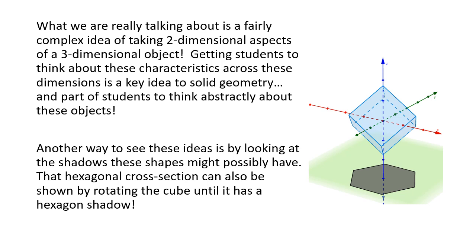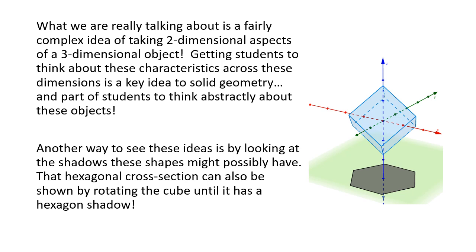So another way to do this would be using a projection, taking a shadow of a cube. So really, to do this, all you need is a light source, and then you need a cube, obviously, and then a flat surface to project that shadow on. And if you rotate that cube the right way, you can make it so that the shadow that's projected onto the wall or the table or whatever shows that hexagon.